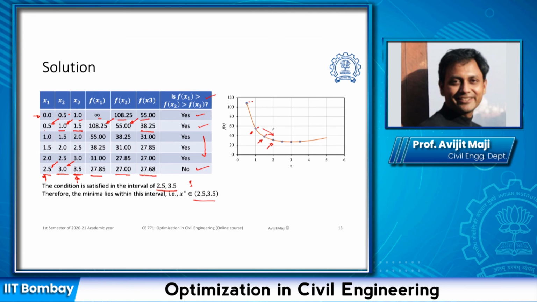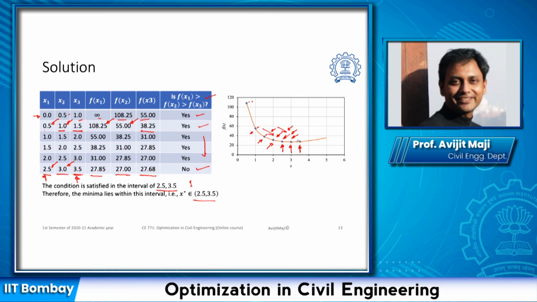So now we'll move to this, and this. Again we are seeing it is reducing. So now we'll move to this point, this and this. We see the similar trend. So then we move to this point, this and this.